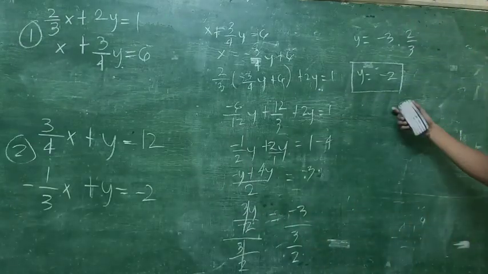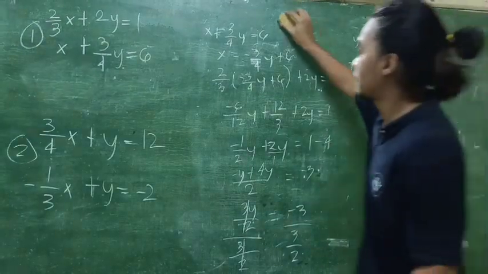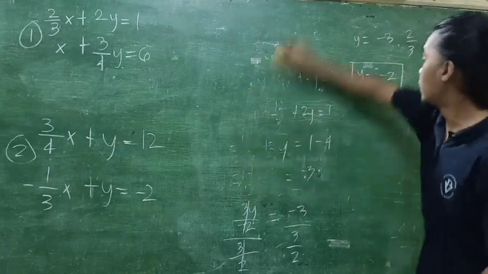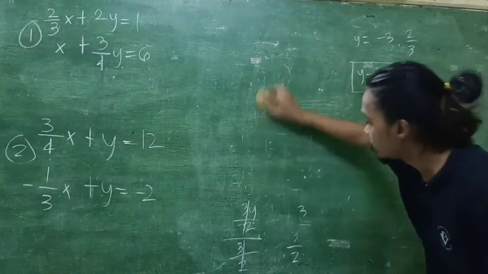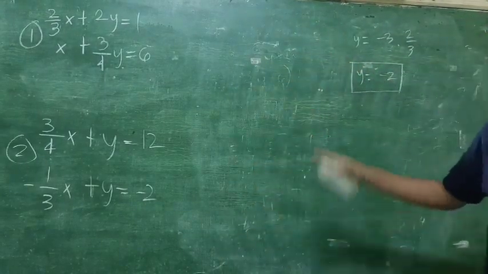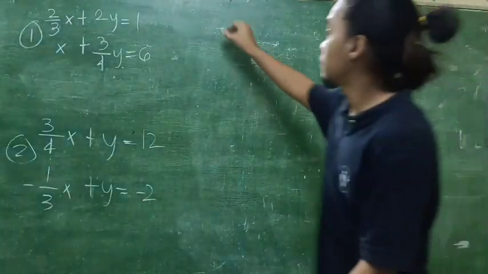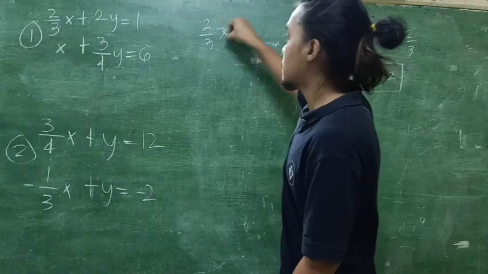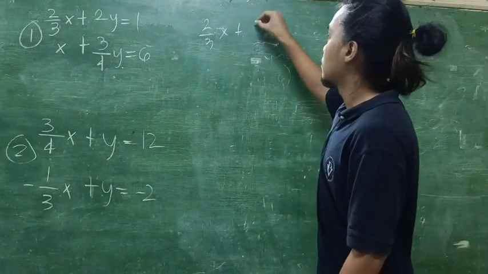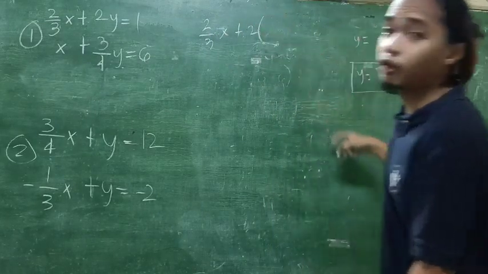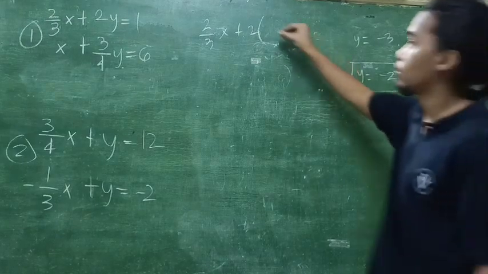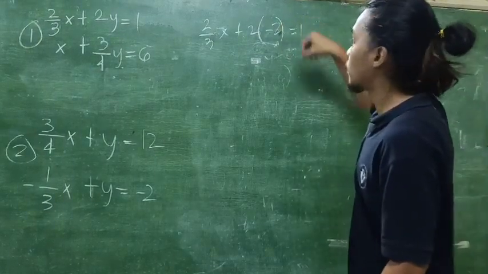Now that we have our y, we can solve for our x. What we're going to do is simply substitute the value of y into the equation. So 2/3 x plus 2 times the value of y, which is negative 2, equals 1.